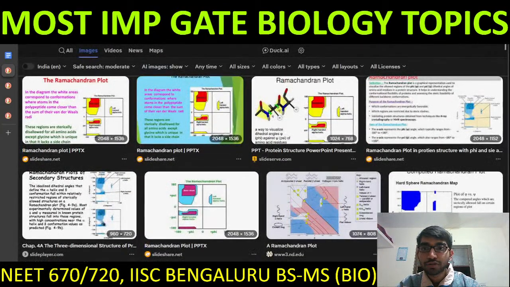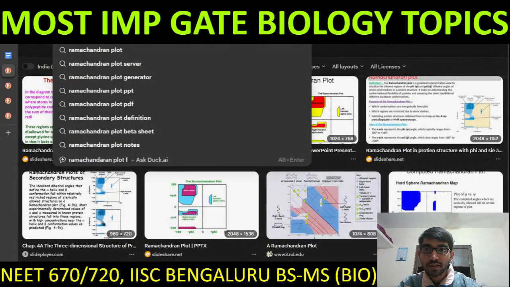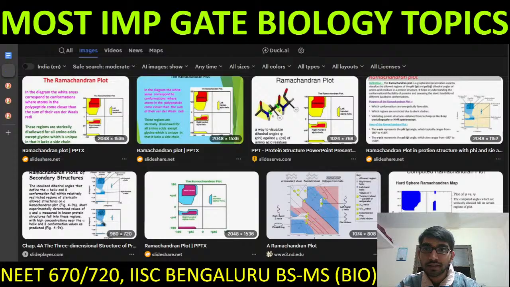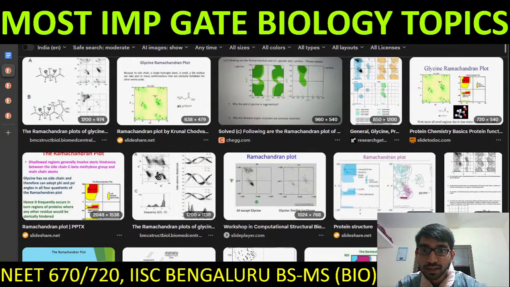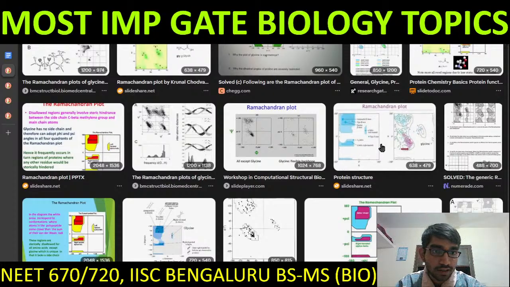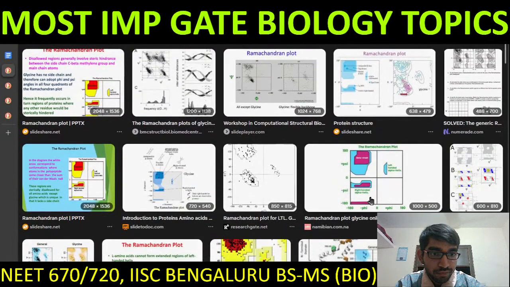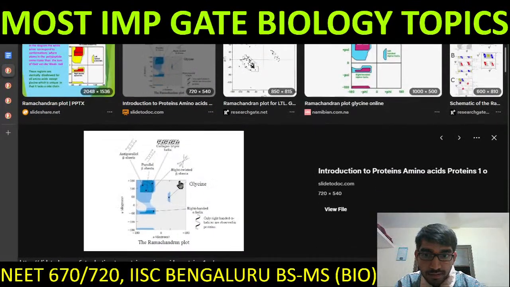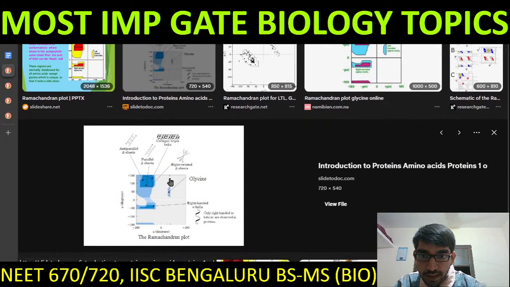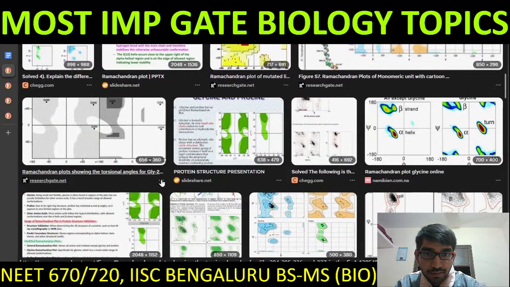I will also show you this plot for glycine. For glycine, you will be able to appreciate that the region is much more extended. So glycine can be found in different regions. See, for glycine it is present here as well in the left-handed alpha helix form.